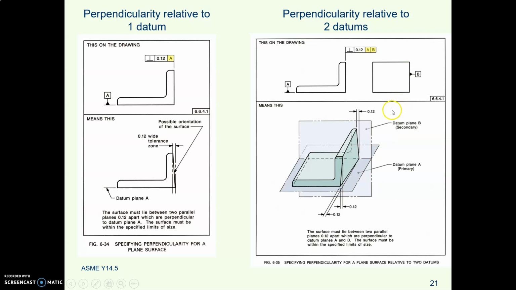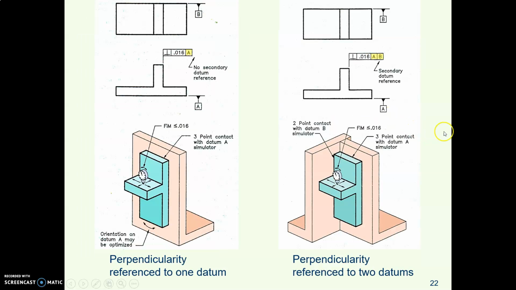Here is ASME talking about using one datum to check the perpendicularity of this angle iron, and how it's better if you use two datums. And this is related to something we looked at when we talked about checking a part with a sine bar, how if you only give the inspector one datum, they're not allowed to square up this part.